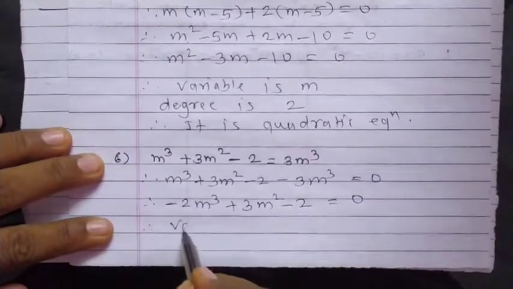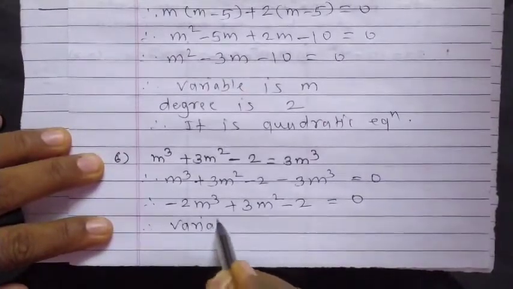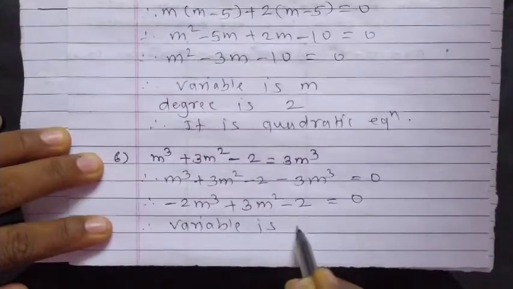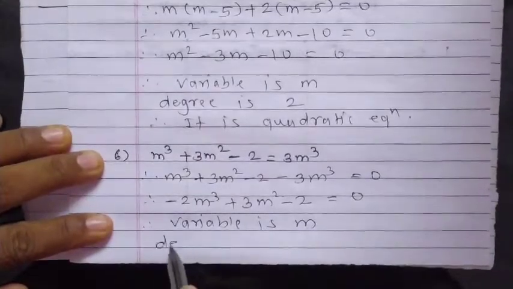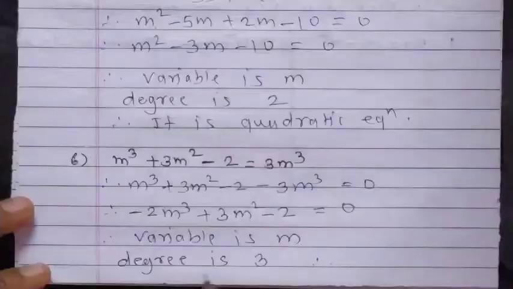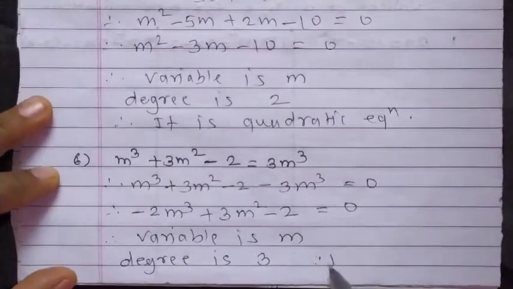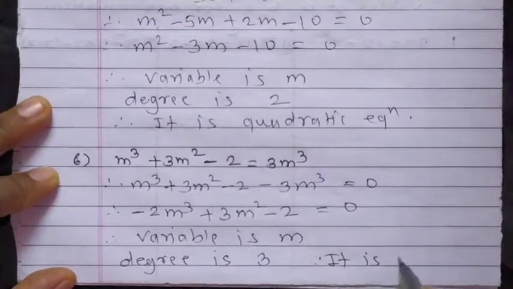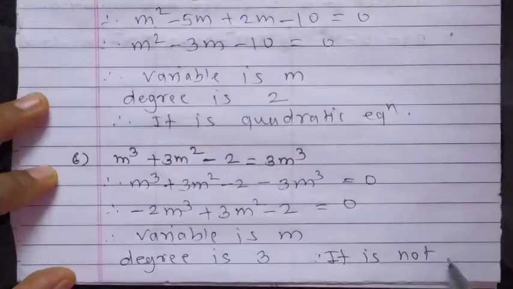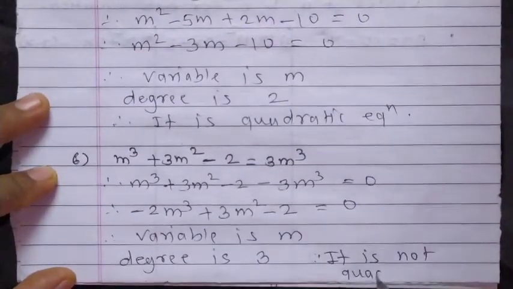Therefore here variable is m, degree is 3, and therefore it is not a quadratic equation.